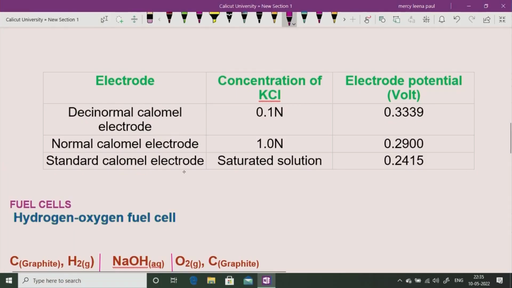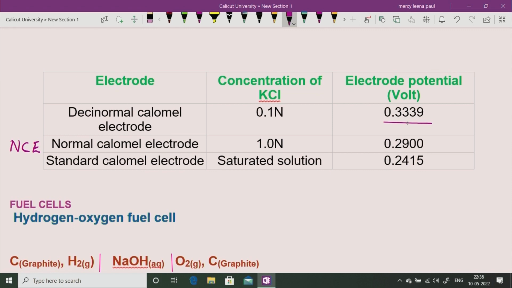If I take a 0.1 normal potassium chloride solution, its potential is 0.339 volts. Now, I can take another concentration, that is 1 normal. It is also known as the normal calomel electrode, NCE, the short form used for normal calomel electrode. If I take a 1 normal solution of KCl, its potential is 0.2900.